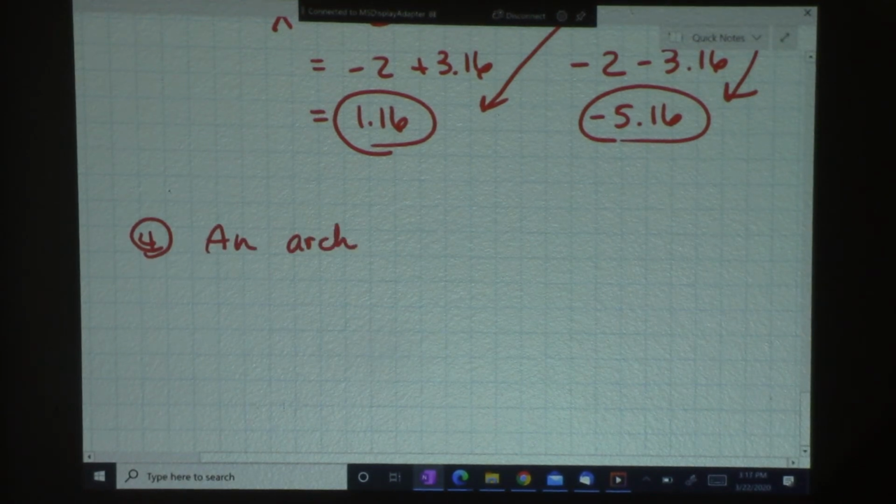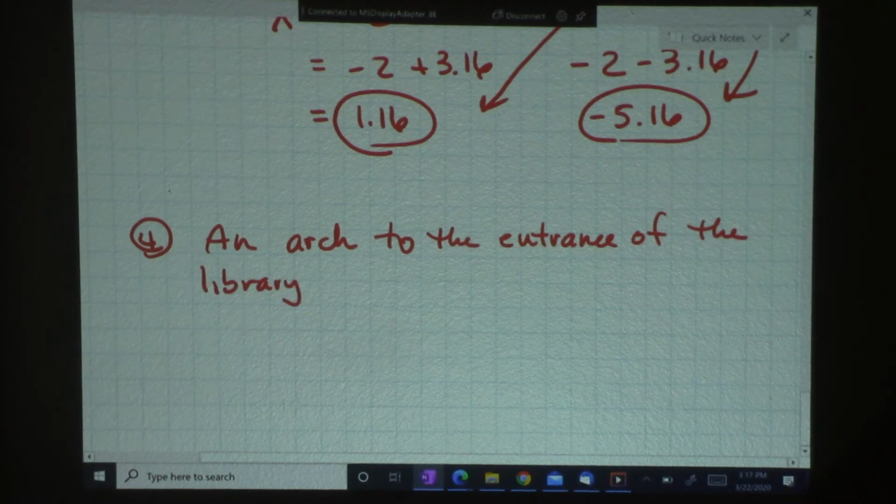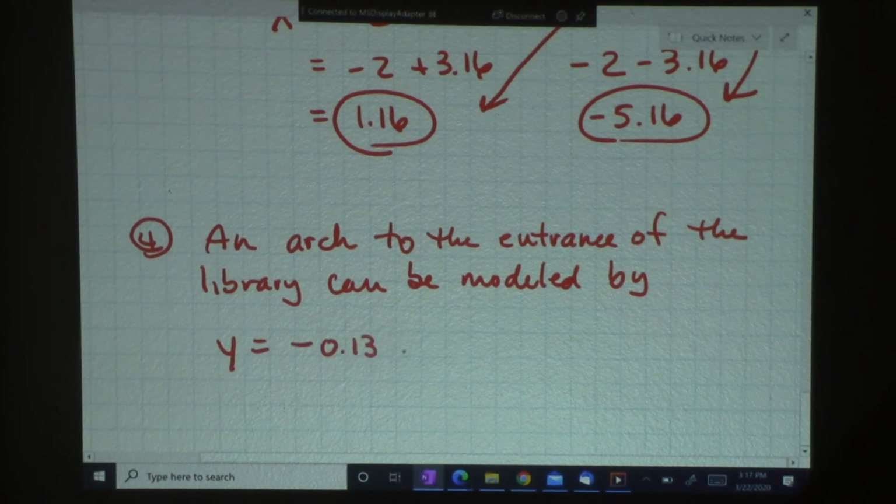An arch to the entrance of the library can be modeled by y equals negative 0.13x squared plus 2.5x.